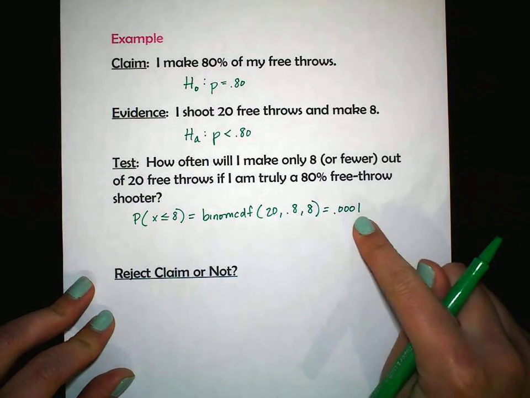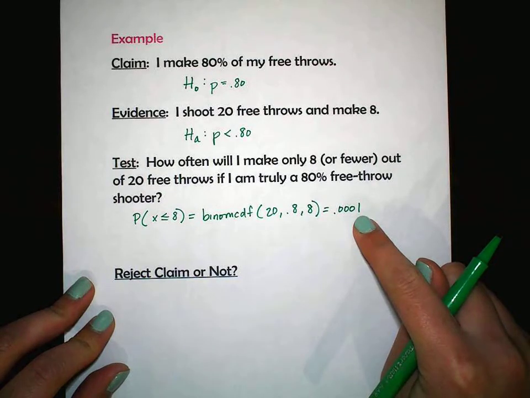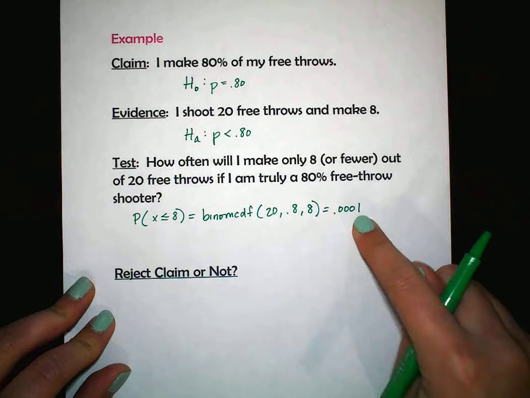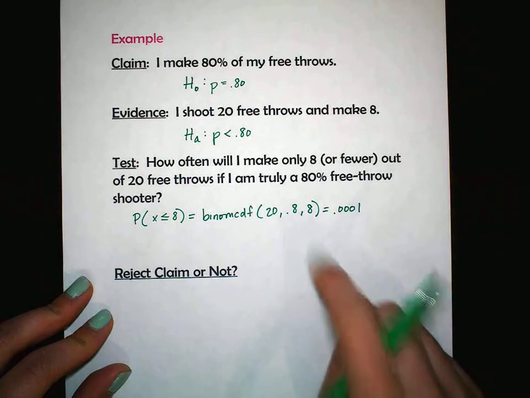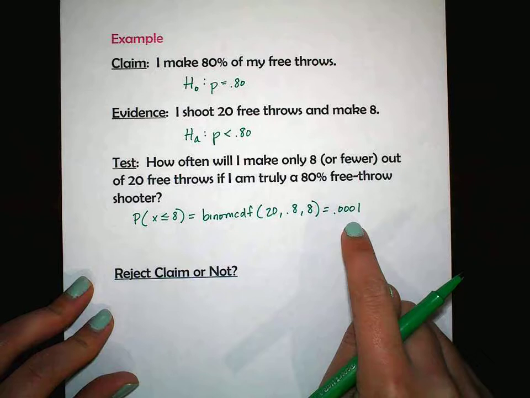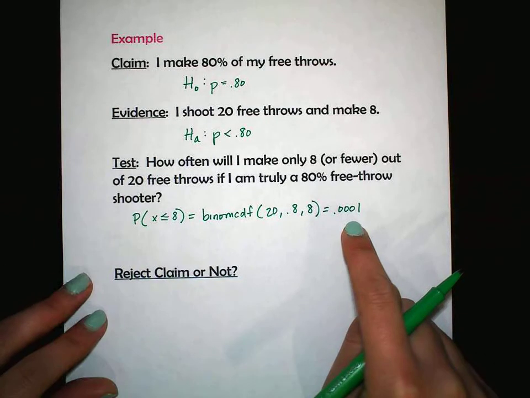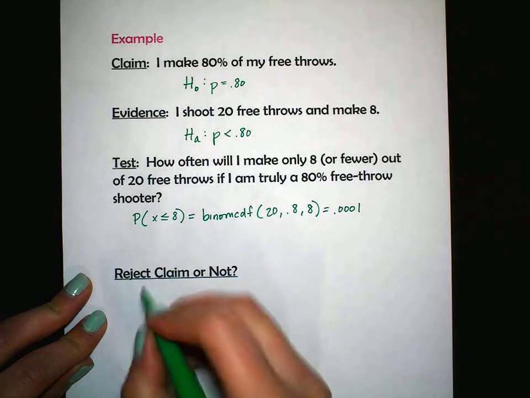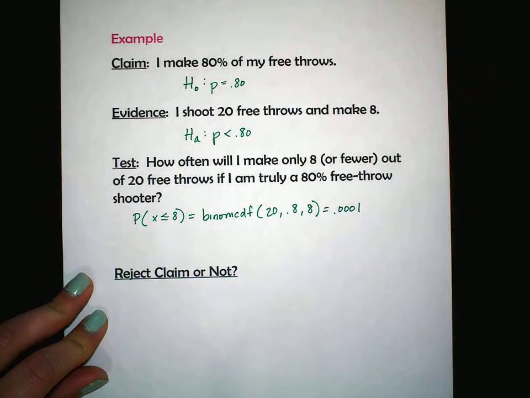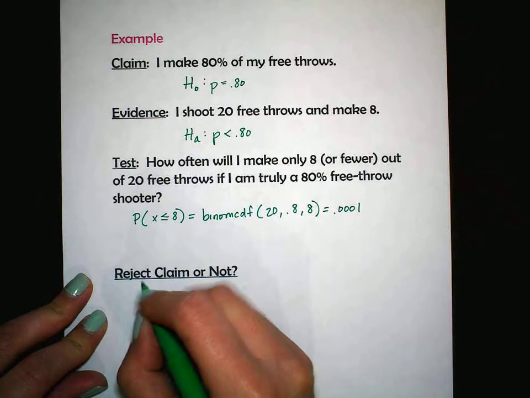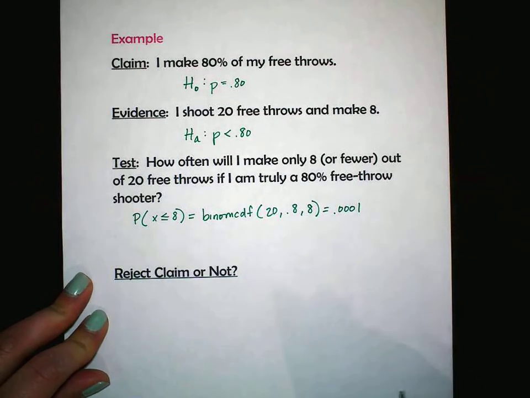Okay, that's the probability that we'll get 8 or fewer free throws made if I truly am an 80% free throw shooter. That's a really low probability, so the probability of doing that by chance is really low. Since it is really low, we have enough evidence to say that it's highly unlikely that I shot it by chance.